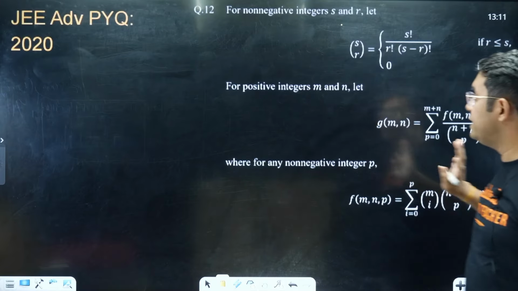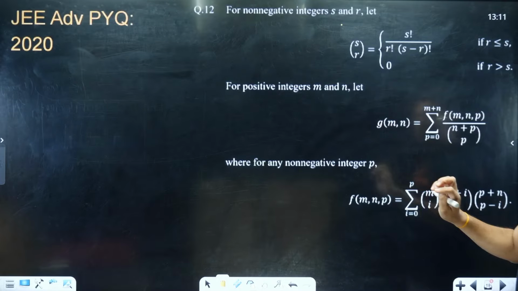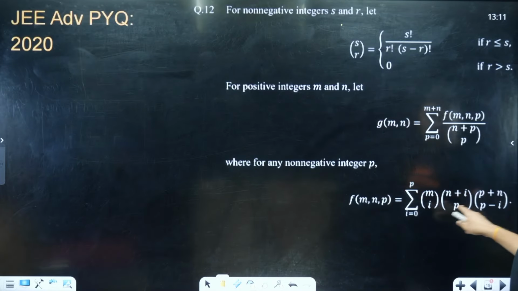Now for positive integers M and N, we are defining G of M, N by this, and F of M comma N comma P is given by this.